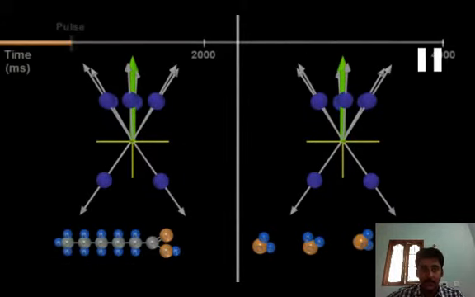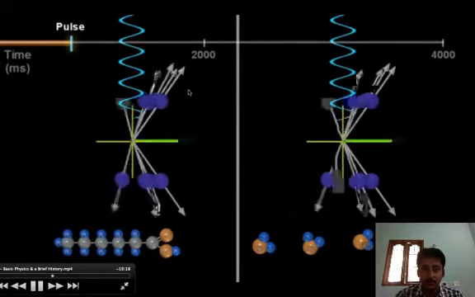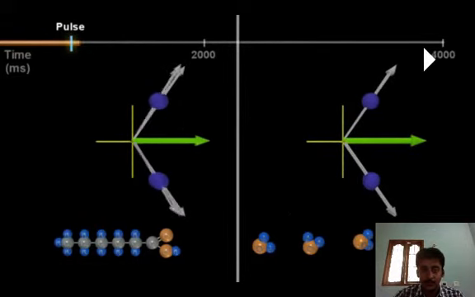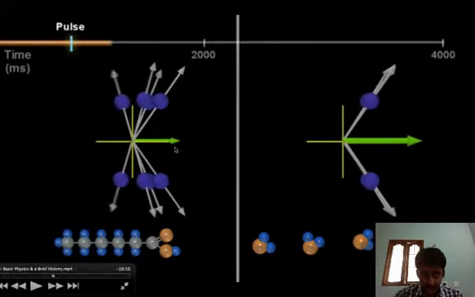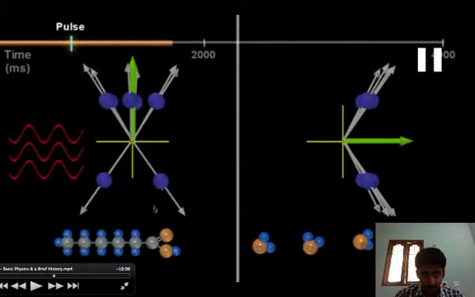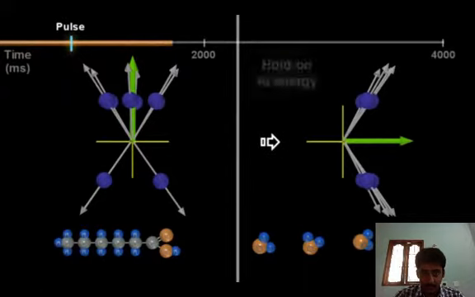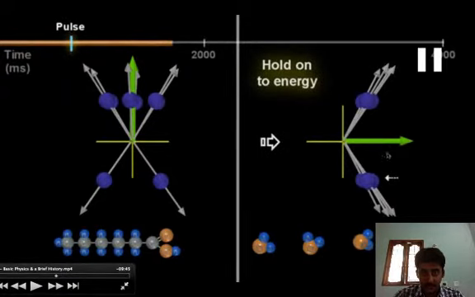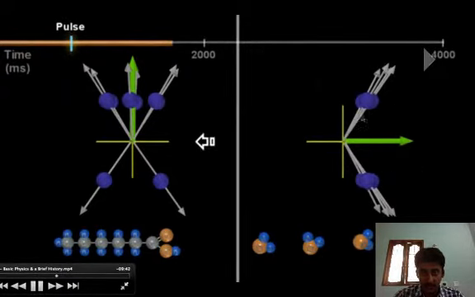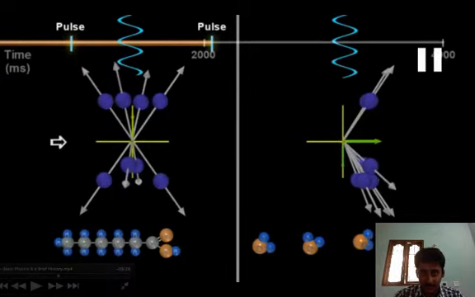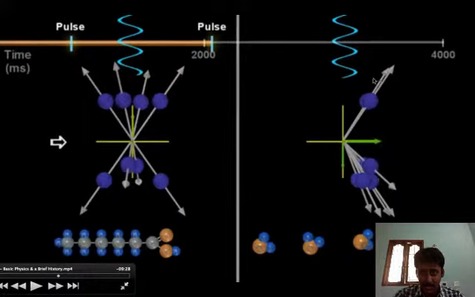So let's go to T1 relaxation, spin lattice relaxation. They just hold on to the energy and didn't relax. Once again when we apply our radio frequency pulse, initially in this water molecule there are equal numbers of protons aligned upwards and downwards.